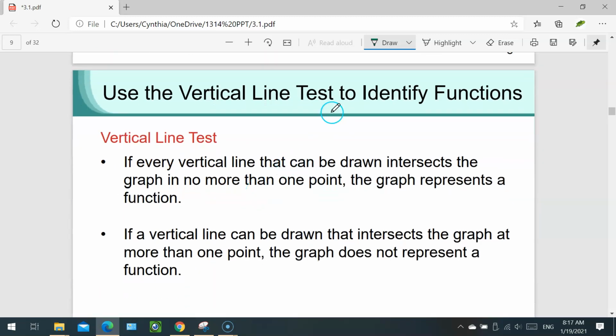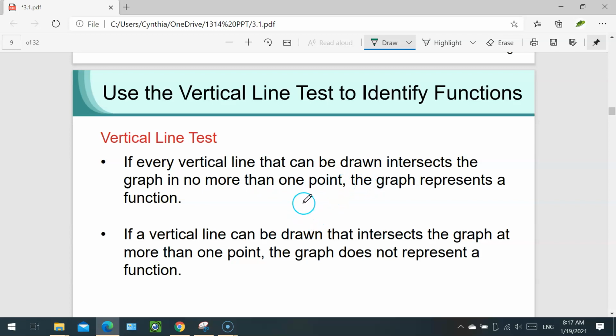Use the vertical line test to identify the function. Determine whether the graph is a function or not. We go with the vertical line test. So if every vertical line that can be drawn intersects the graph in no more than 1 point, then the graph represents a function.